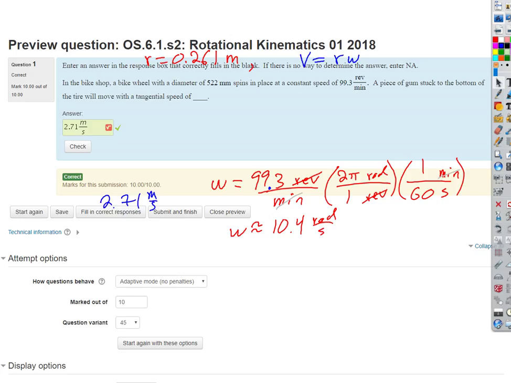I have to make the same change real quick. Give me just a second.